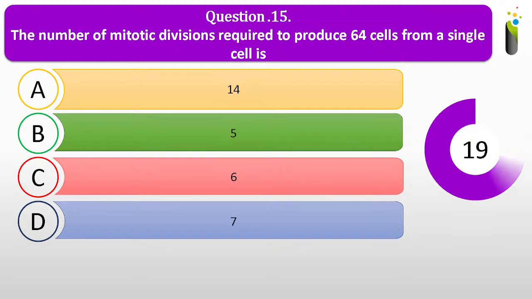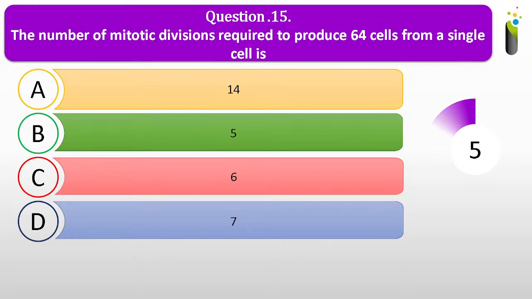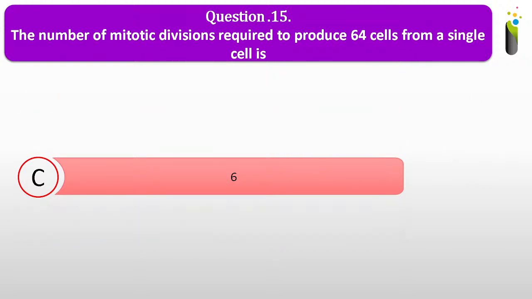So think about the number of mitotic divisions required to produce 64 cells from a single cell. So the correct answer for this question is going to be 6.